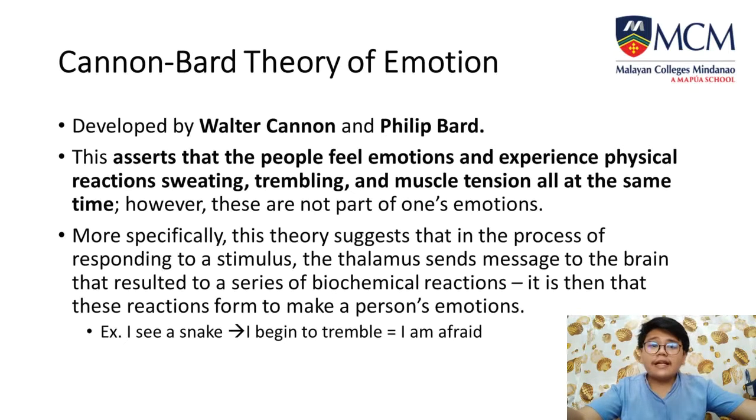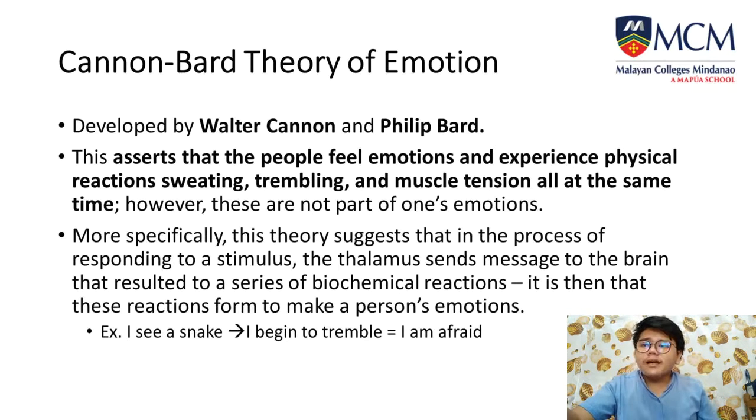More specifically, this theory suggests that in the process of responding to a stimulus, the thalamus sends a message to the brain that results in a series of biochemical reactions, no? And it is then that these reactions form a person's emotions. So for example, I see a snake, so therefore I begin to tremble, thus I am afraid. So that's the process of Cannon-Bard's theory of emotion.